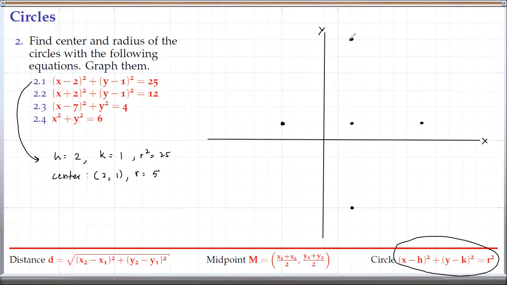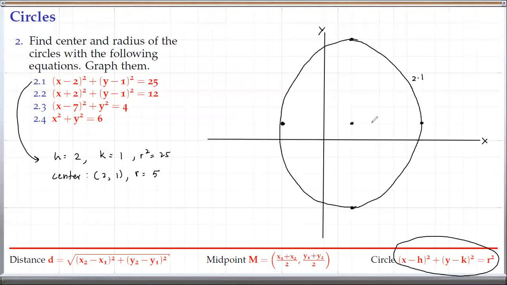So the circle will connect these 5 points. This is the first circle. Center 2, 1, and radius 5. So any point on the circle from the center must be 5 units. Right, so we are done with the first one.